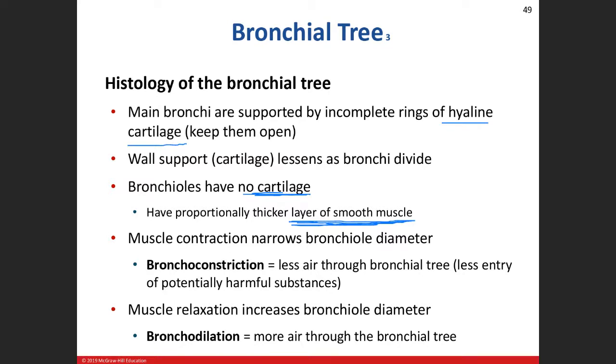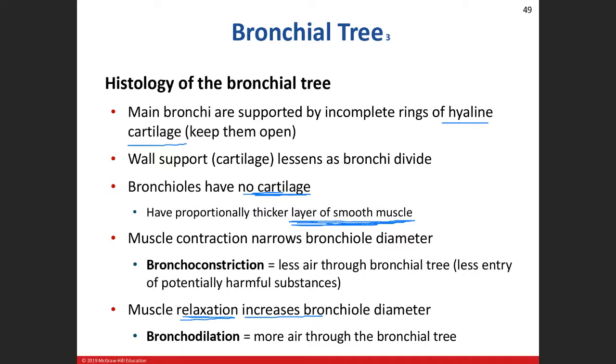Unfortunately, we see that in allergic reactions, especially for asthmatics. It's these smooth muscles that get irritated and cause bronchoconstriction, and therefore they decrease the passage of air into these structures. If we want to increase the diameter of the bronchioles, all we have to do is get the muscles to relax. We call that bronchodilation.